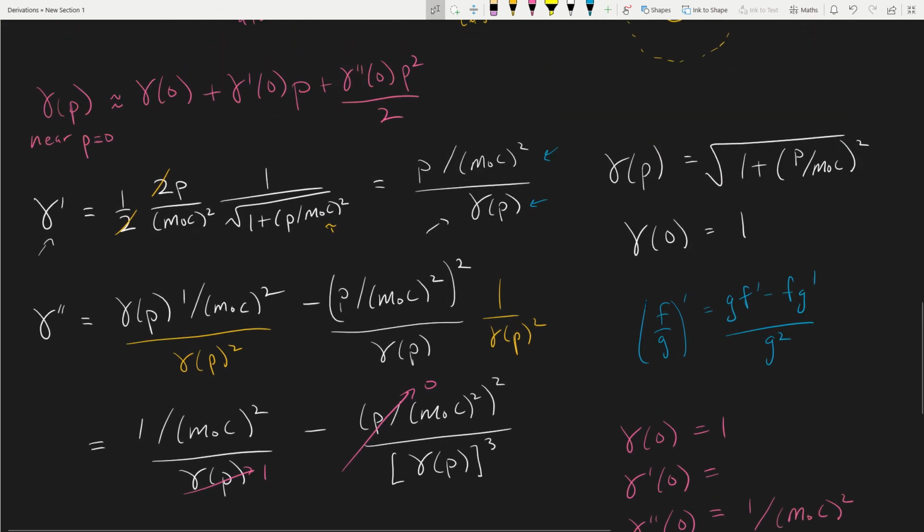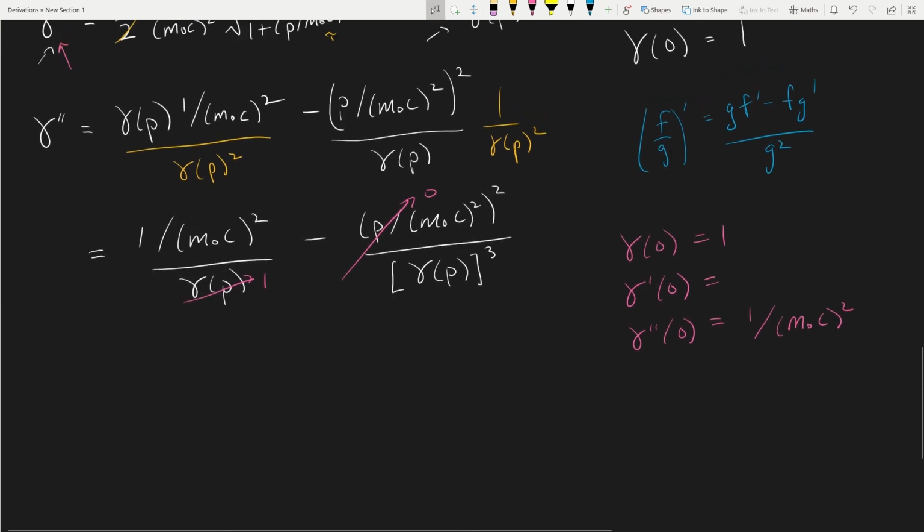And what's gamma prime at 0? Well, here's gamma prime, and it's a function of p, so clearly it goes to 0 because that p on the top causes everything to collapse to 0.